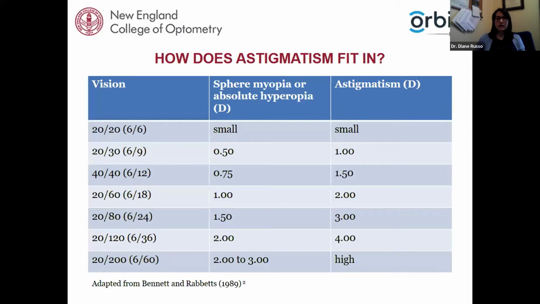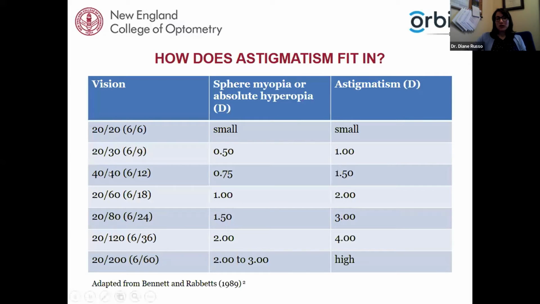So very often, for example, I'll have students come in, the patient's entering acuity may have been, let's say 20/40, and their final refraction comes out to be -1.50, -0.50, axis 180, say, for example. Now that doesn't make sense.